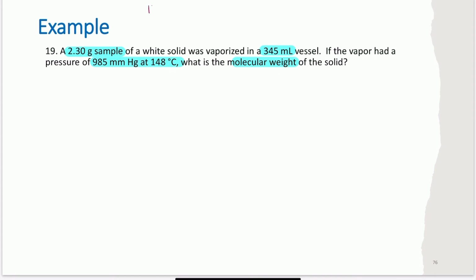Well, how can we find molecular weight? That's the same as molar mass, which is grams per mole. I have a 2.30 gram sample. Now I just need to find the moles.